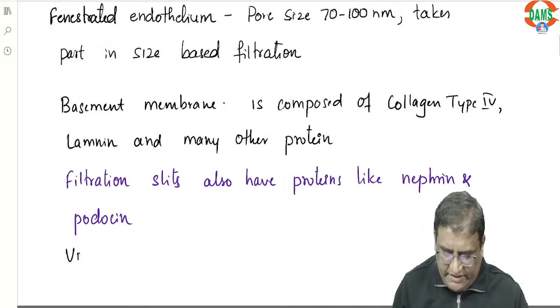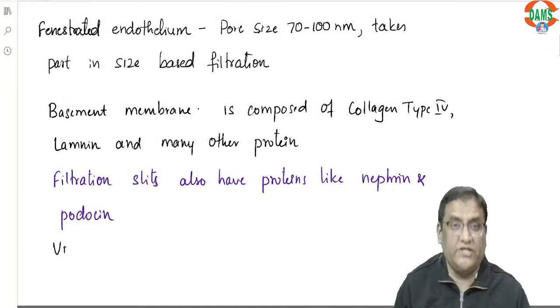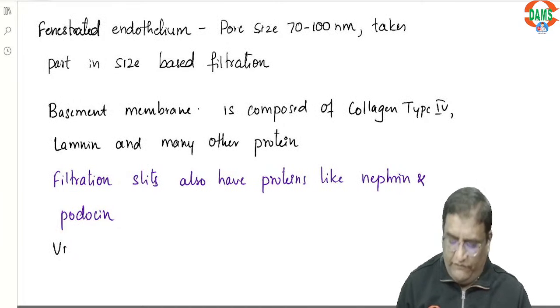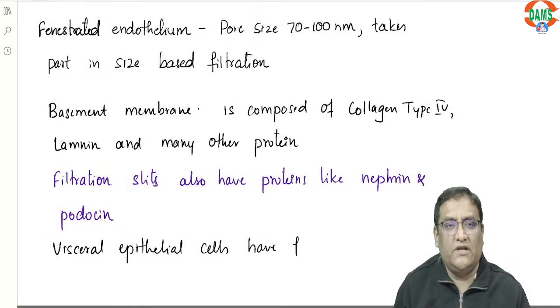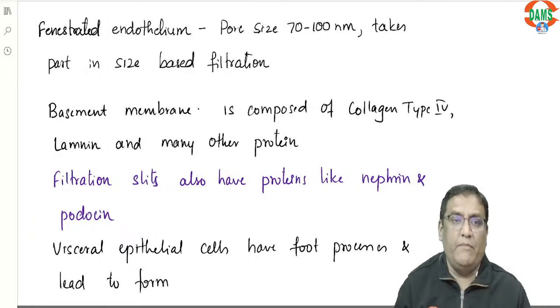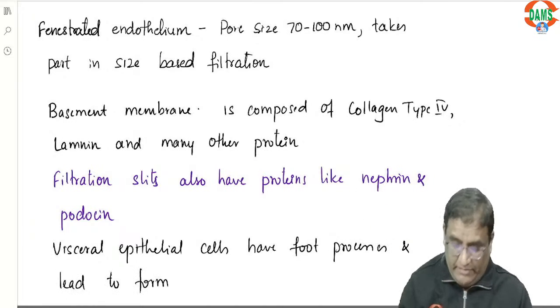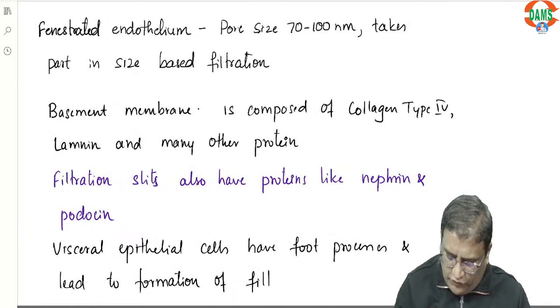Nephrin and podocin are there, and also the visceral epithelial cells, which have these foot processes embedded into the basement membrane, and this forms the filtration slits, right?